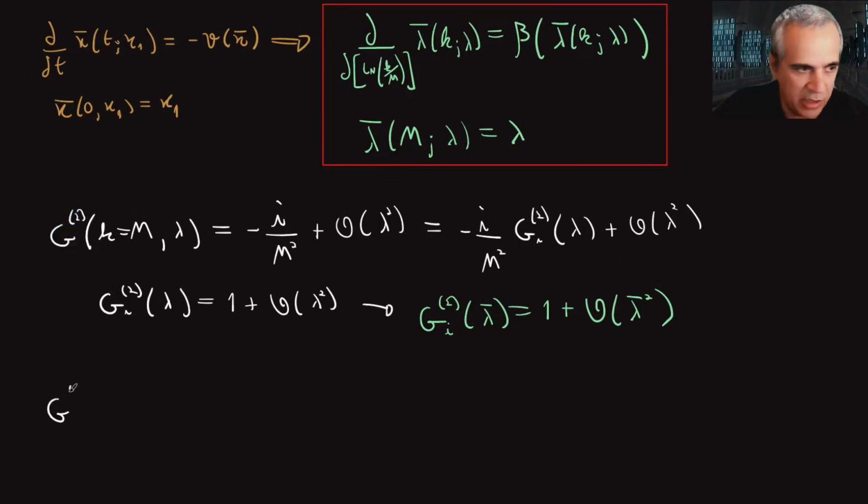Now G4 depends on 4 momenta, which I can call p1, p2, p3, p4.